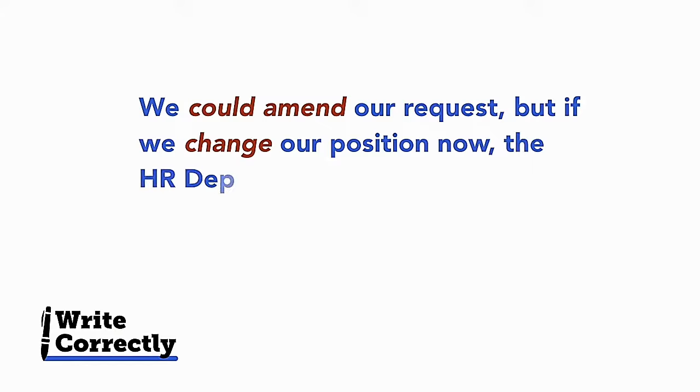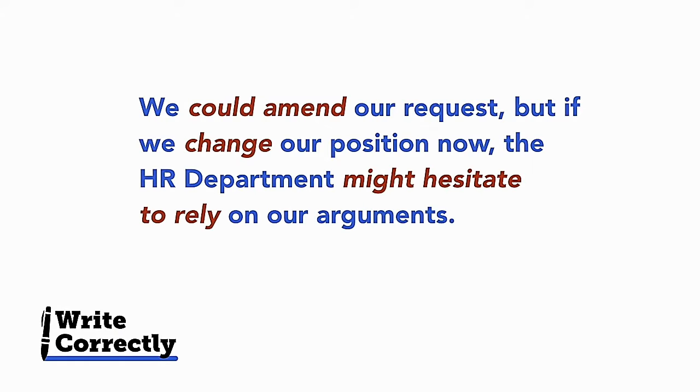When your verbs can now deliver their meaning to your reader all by themselves as verbs, not as nouns, not as adjectives, they pretty much rewrite the sentence for you. We could amend our request, but if we change our position now, the HR department might hesitate to rely on our arguments. So check it out. By appearing in verb-based prose, our 39-word sentence reduces down to 22 words.